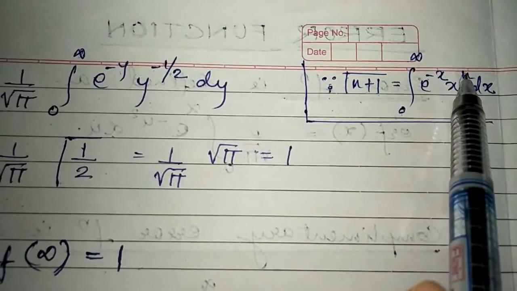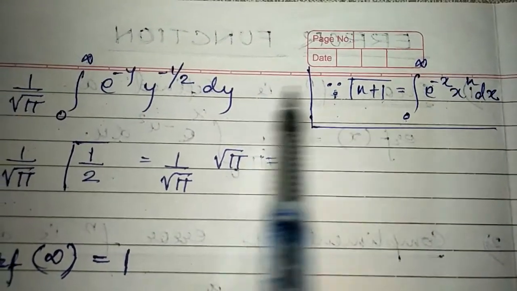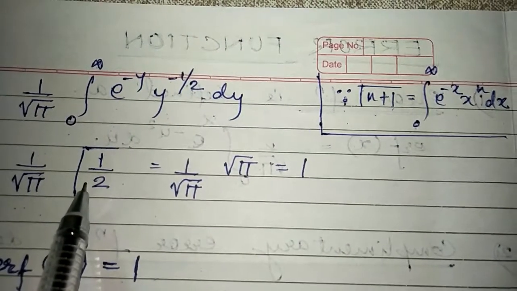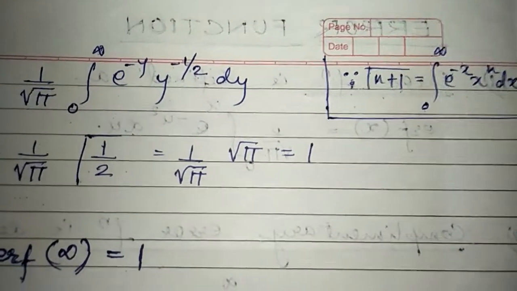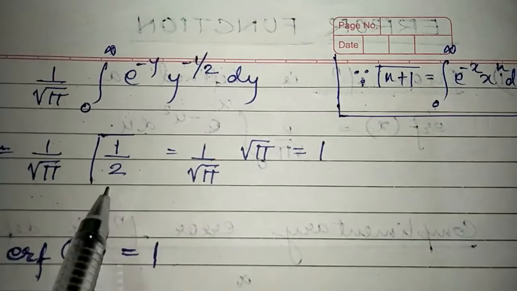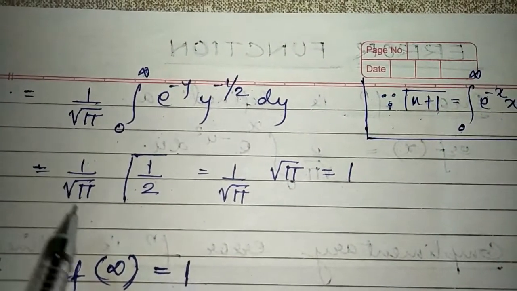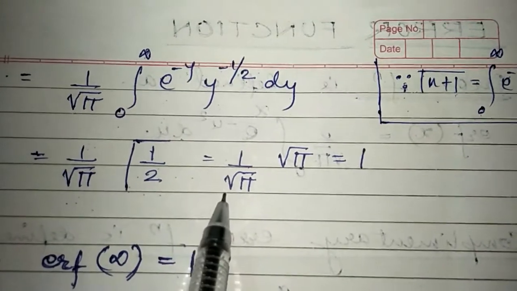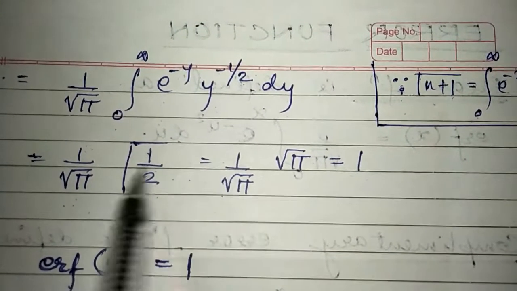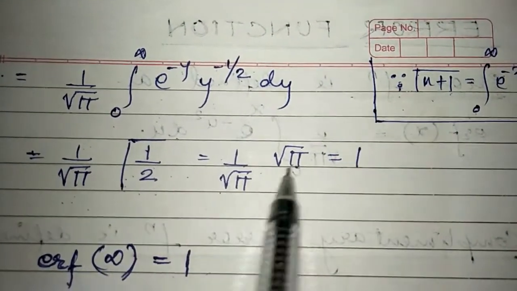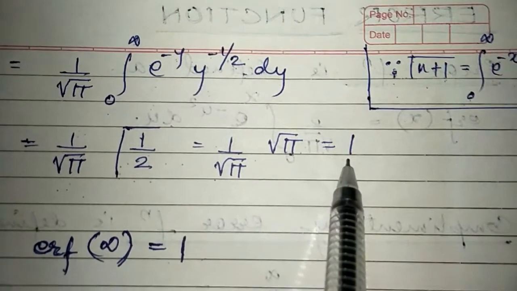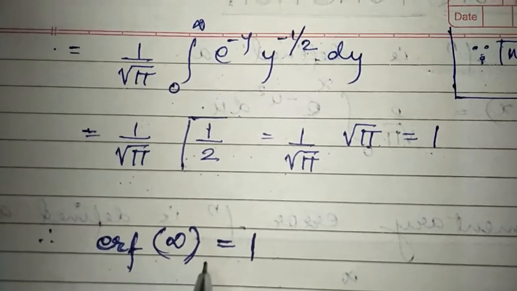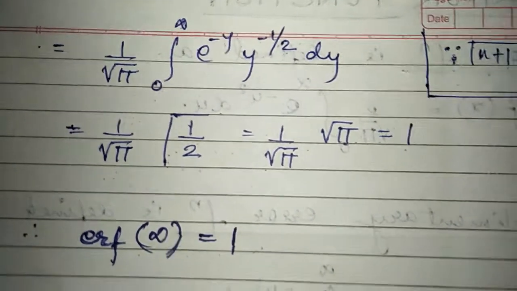If it's x raised to n, we have gamma n plus 1. Now n here is minus 1 by 2. So we'll have gamma of minus 1 by 2 plus 1, that is 1 by 2. So we have 1 upon root pi into gamma 1 by 2. We know the value of gamma 1 by 2 is root pi. So it is equal to 1. So the value of error function of infinity is equal to 1.